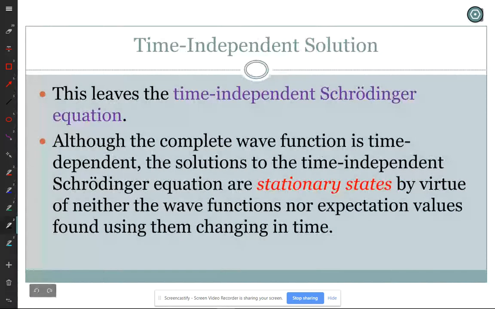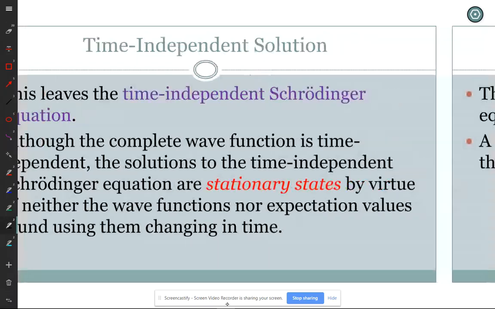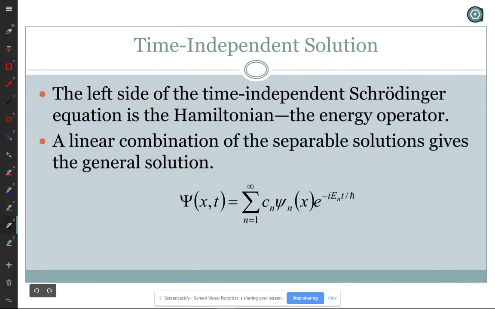And so for the spatial part, we have what we call stationary states, functions that aren't changing in time. And we're going to have a solution that is the linear superposition of each of the spatial solutions multiplied by the temporal solution, and then multiplied by a constant to tell us how strong that solution is.